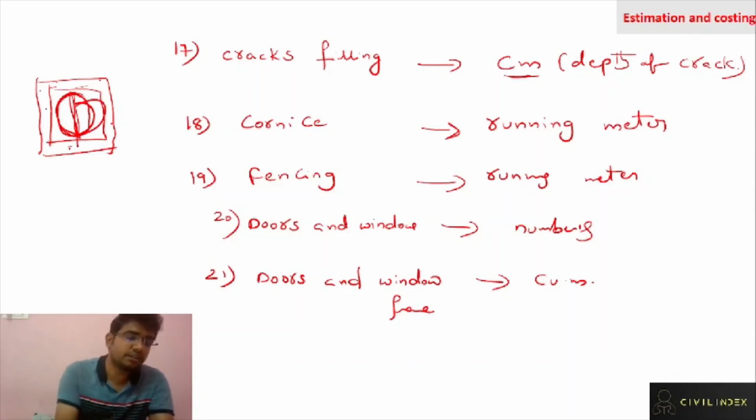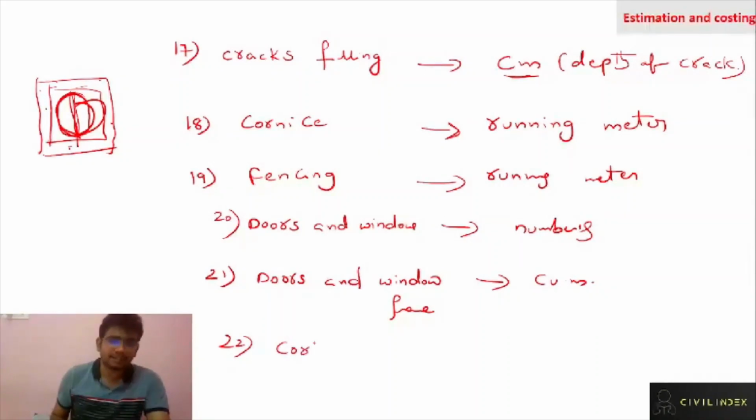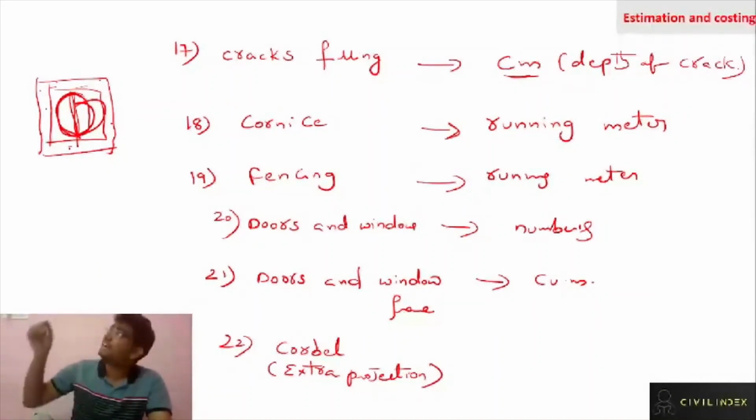Okay, then let us see the next thing, the 22nd one, that is the corbel. Corbel is basically an extra projection provided outside. Cornice is the extra projection provided inside and corbel is the extra projection provided outside.